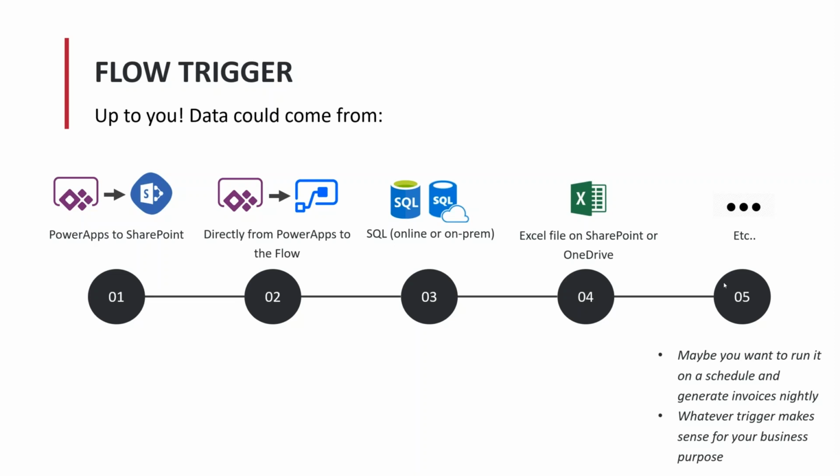So if you were to use when an item is created or modified in a SharePoint list for your trigger, for example, how do you know all the child items are there, right? So the approach I ended up taking here was I did go from Power Apps to Flow, but the only piece of information I passed was the header item ID, okay? And so I called the flow from Power Apps with the header item ID.